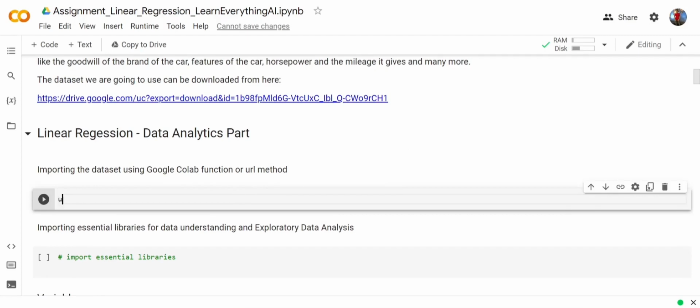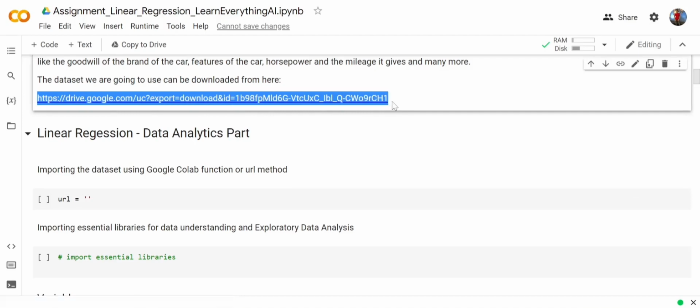So now let us just import this data set.